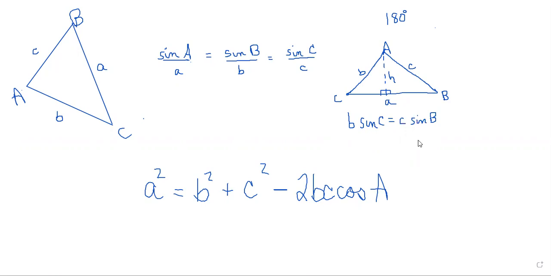Now, if we divide both sides by c, we will get sine of capital C over little c, and this will just be sine of capital B. Then we can divide both sides by little b. When you do that, this cancels out, and you're left with the first and last part of this equation. That's very good. Now, what about sine of B over b?